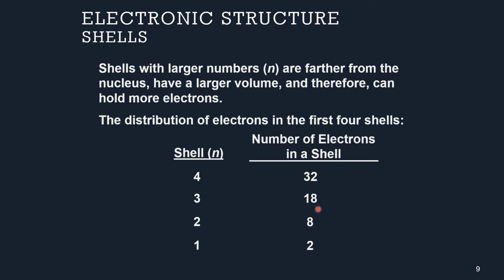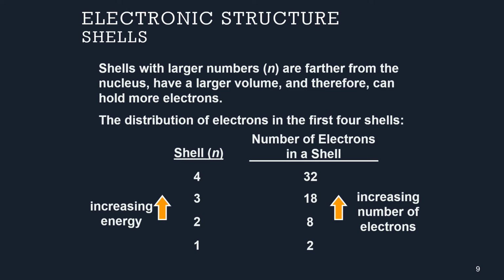The third shell can hold 18, and the fourth shell can hold 32. So as you can see, as you go out away from the nucleus, more electrons can be housed. And again, it increases energy as you get further away from the nucleus, increases the number of electrons the further you get away from the nucleus.